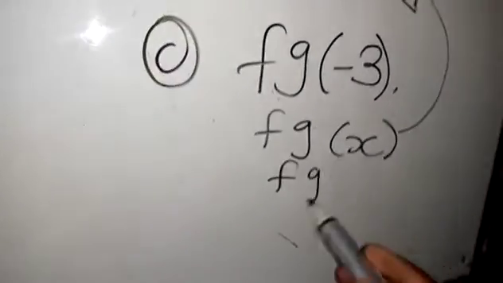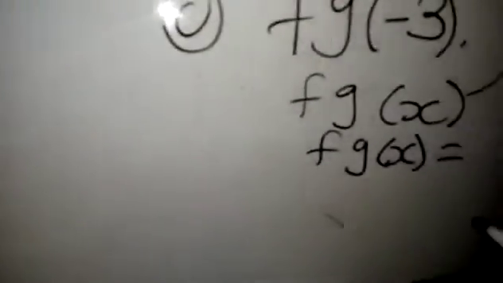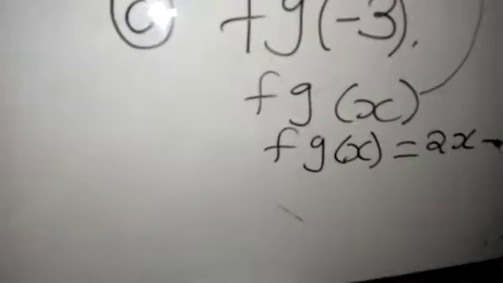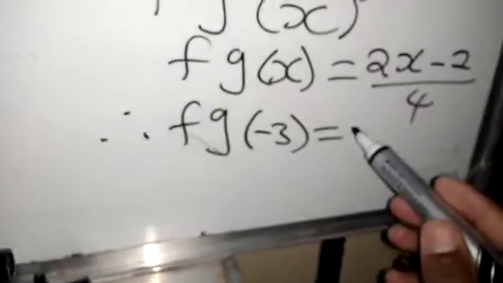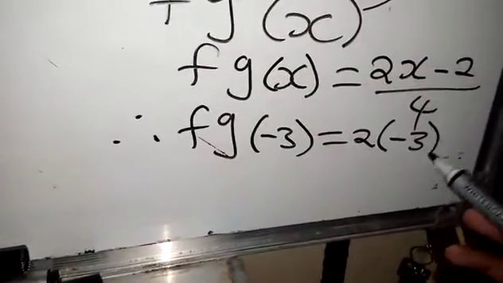Then we say f of g of x is equal to the answer that we found here, 2x minus 2 over 4. Therefore, f of g of negative 3 is equal to 2 multiplied by negative 3, minus 2 over 4.